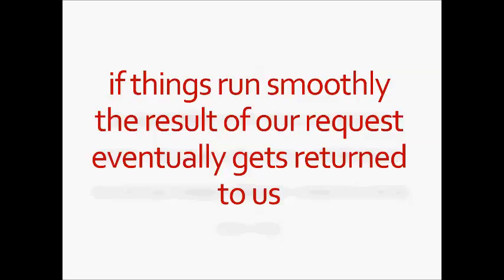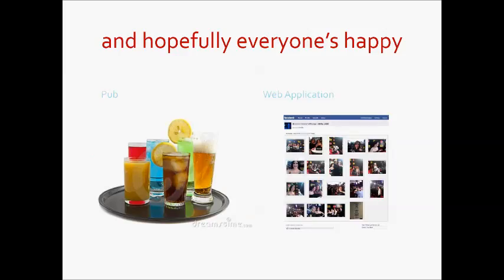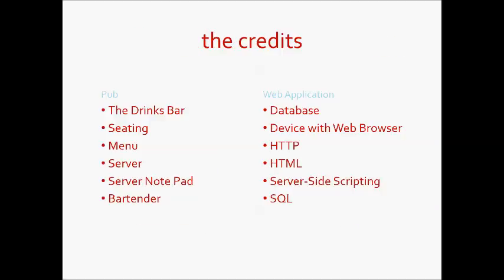So if we ask for something that can be found, a drink that they have behind the bar, or data that can be found in our database, we're going to get a response returned to us. Okay? So hopefully what we get at the end of the day is our server bringing us back our drinks and handing them out, or if we wanted to see a Facebook photo album, we're going to get that list of pictures returned to us.